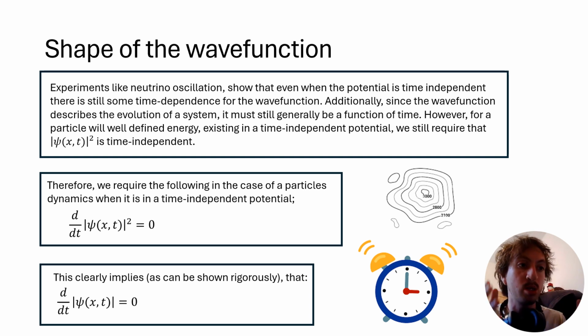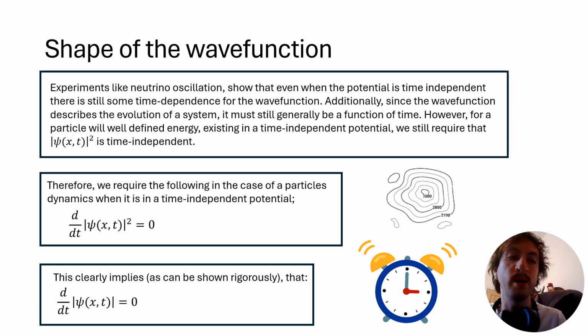So the magnitude or size of our wave function is a constant with respect to time. And this is very important because no matter how the wave function evolves, this condition must be true. And that tells us a lot about what form the time dependency of a wave function can take.